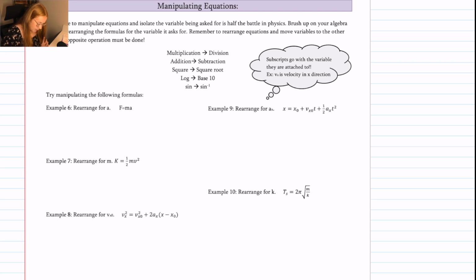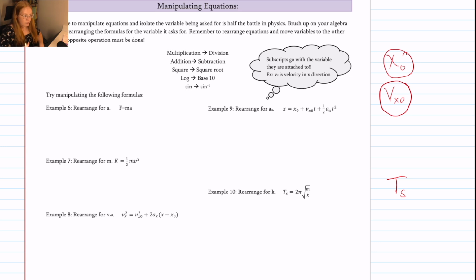Also in physics, we do a lot of subscripts. Like, there's an x, an x naught, and then there's a vx naught. The 0 is a naught. So there's a lot of subscripts attached to these. There's a t with an s. Those subscripts belong to that variable. They're a package deal. So when you move the v, you're actually moving vx naught over.